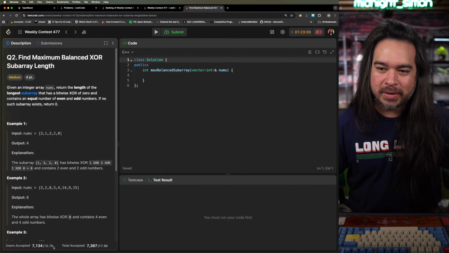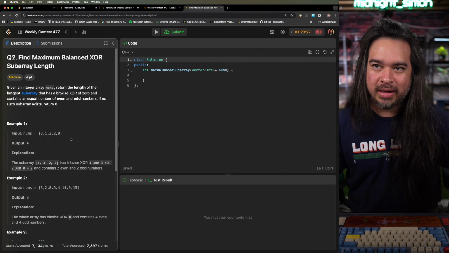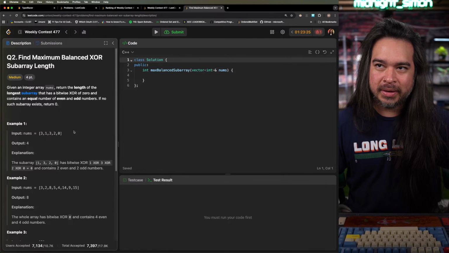But so many people solved it, makes me feel it ain't that hard. But I'm just missing some type of key observation, I think, or hard subarrays. Let me think. XOR 0. We need an even number of all the bits.